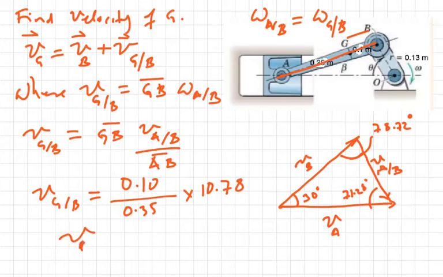So our VGB will be 3.08 meters per second.